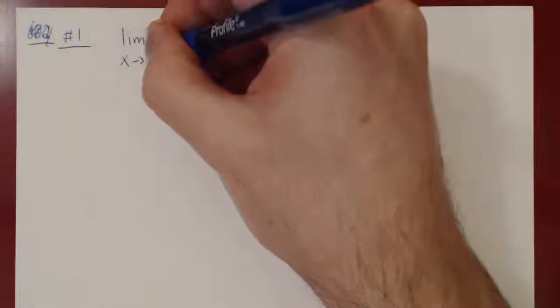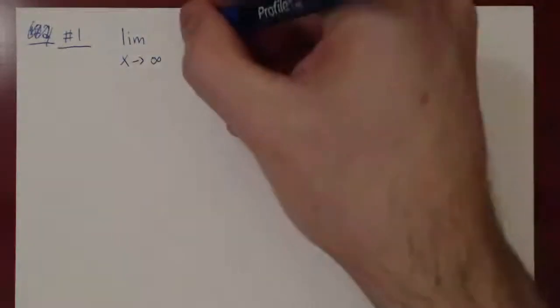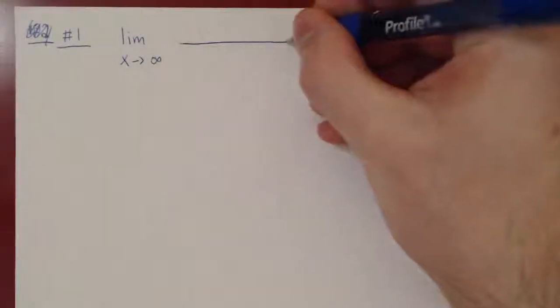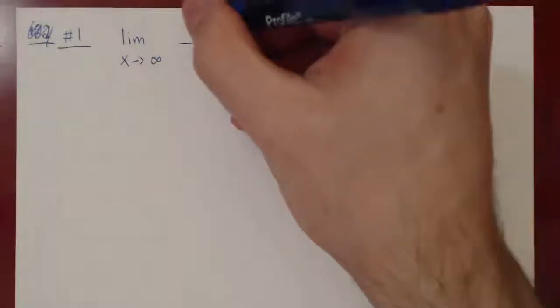So, what if we consider the following limit? So the limit, as x goes to infinity, and I could make the example much worse, but I will start with a basic example. What if we have the limit of a ratio of two cubic polynomials as x goes to infinity?